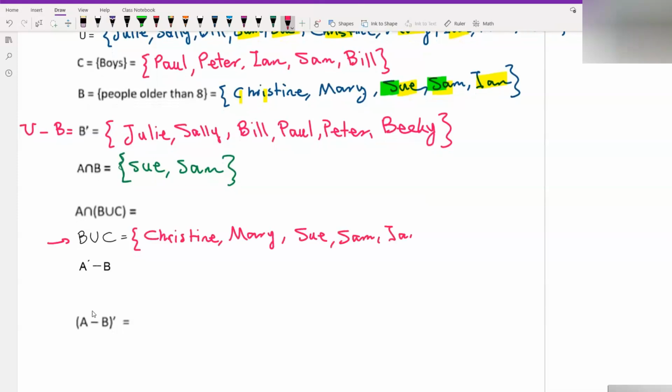Sam, Jan, Paul, Peter, and Bill. Now that we have B union C, it's easy to find the intersection between A and B union C.